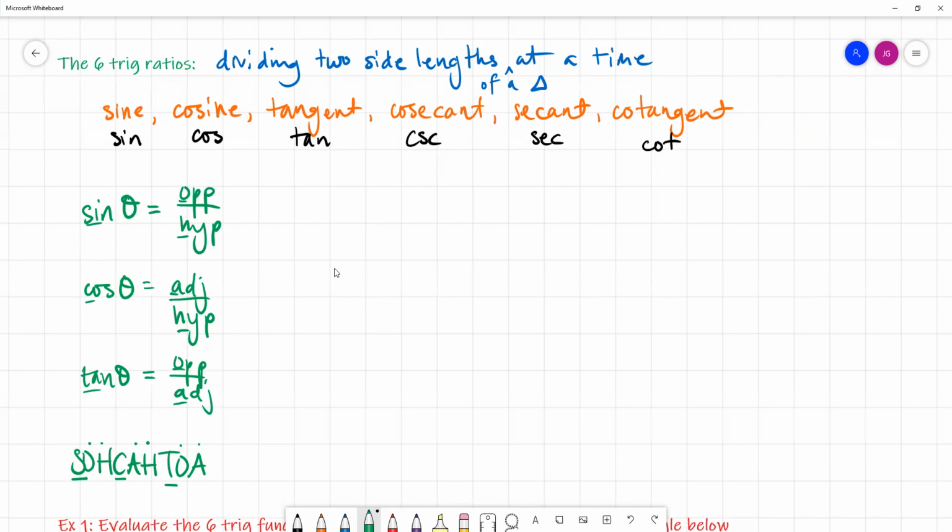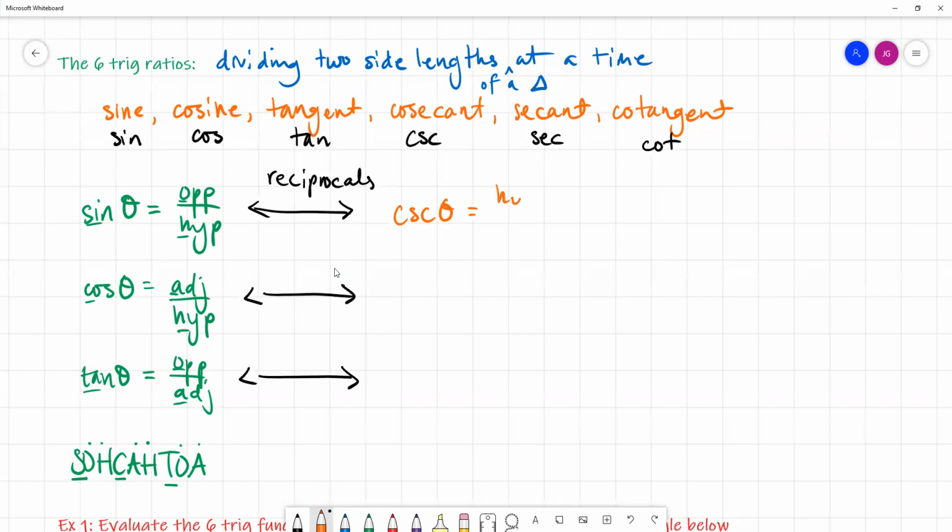And so from these, we can actually get the other three, okay? The other three are born from sine, cosine, tangent, okay? So what I do to go from one to the other is we take reciprocals, okay? Cosecant of theta, CSC of theta, is defined as the reciprocal of sine.